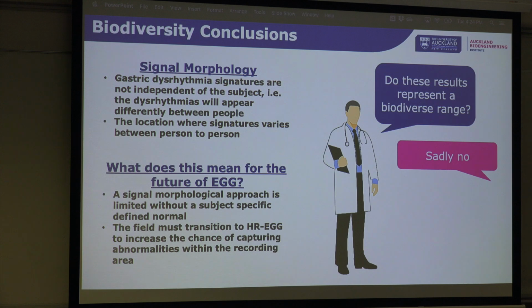So what the field needs to do is move away from this 2 to 5 electrode configuration and move to a high density array where we can guarantee that you're actually going to capture the signal and area of interest, to increase that chance of capturing that dysrhythmic event.